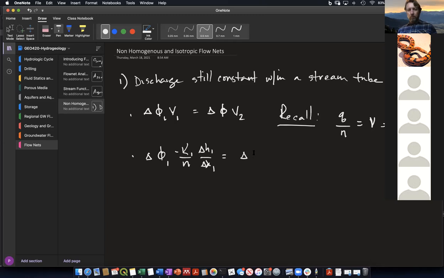And this is equal to delta phi 2 times negative K2 over n times delta H2 over delta X2. And we can cancel out a few things. We can cancel out these minus signs, and we can cancel out the porosity.